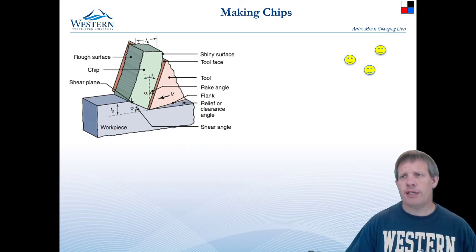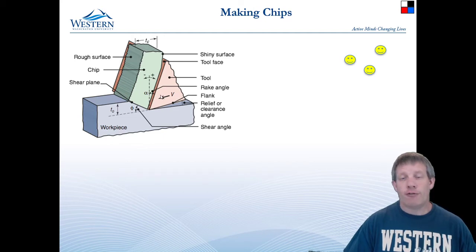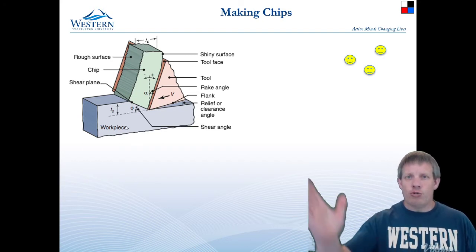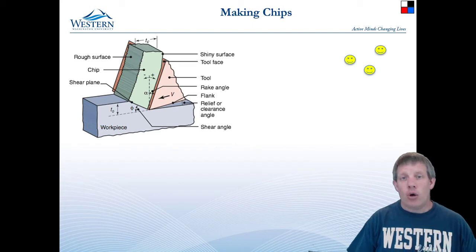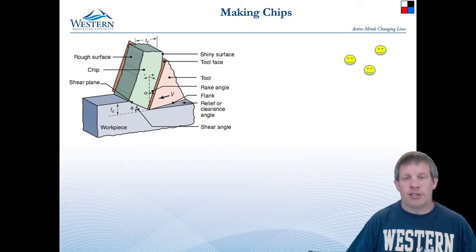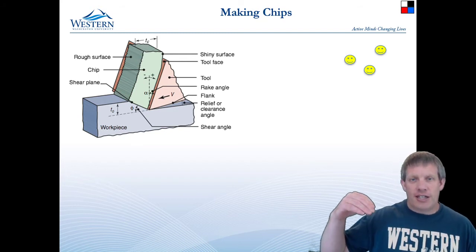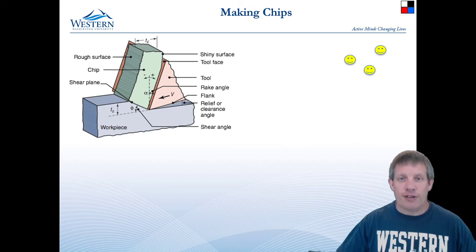Also, I want to remind you that there is friction happening between the back side of this chip and the front side of this tool. And so that friction is always trying to push the tool up and out of the material. Or if we're holding the tool in place, that friction force is always trying to push the part deeper down into the fixture.